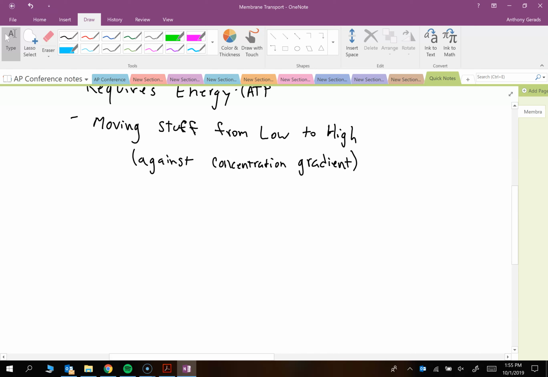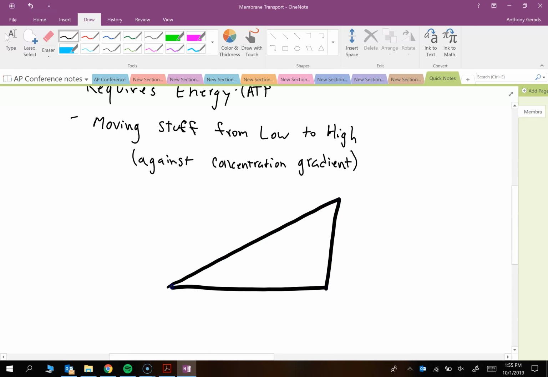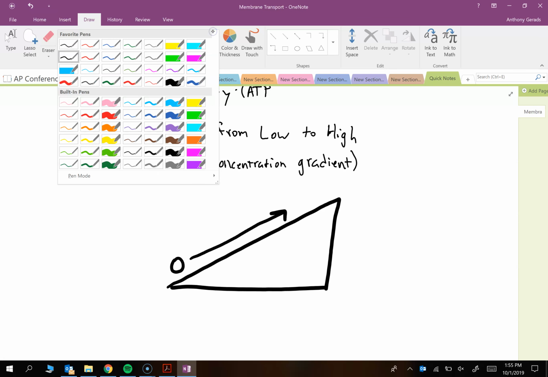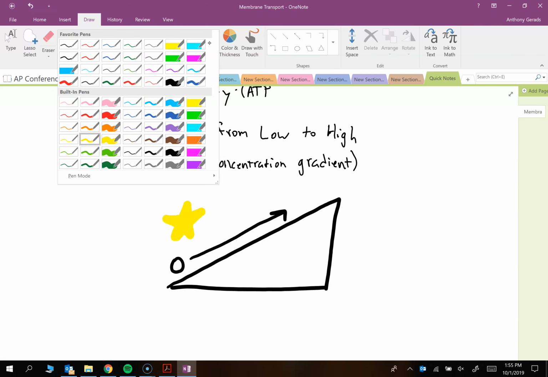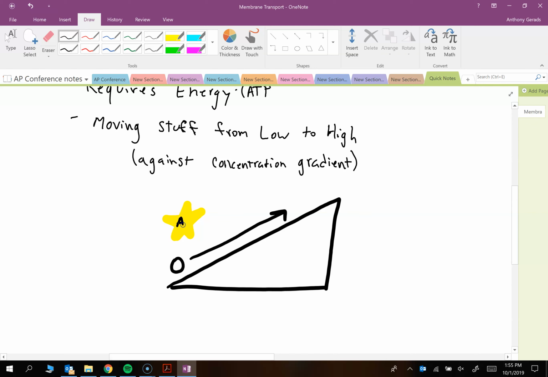The gradient means you're going from dark to light, or from one color to the next. So how I would draw this, let's say I've got this hill. Is that ball going to roll itself up the hill? No, it's not. What's going to be required for that to happen? Energy. So if I want this ball to go up the hill, I've got to input energy to it, and the energy that we use is in the form of ATP.